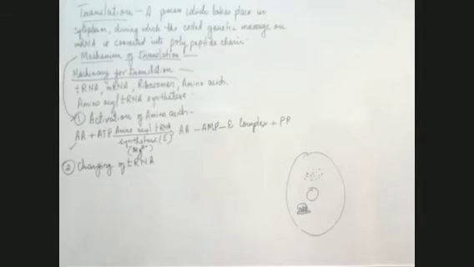During this, what happens? This amino acid AMP enzyme complex, which is formed as a result of activation of amino acid, binds with the active site of tRNA.